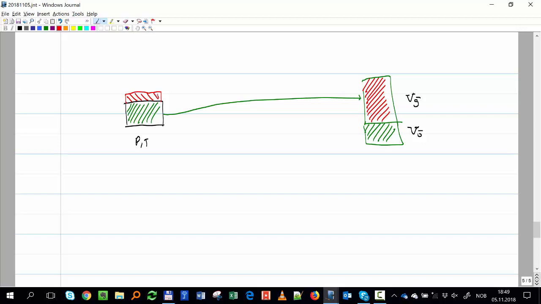In reality, the way I go to standard conditions is not this. This is called a CCE, a constant composition expansion. Because I keep the same composition in a container, I don't change it, and I expand.